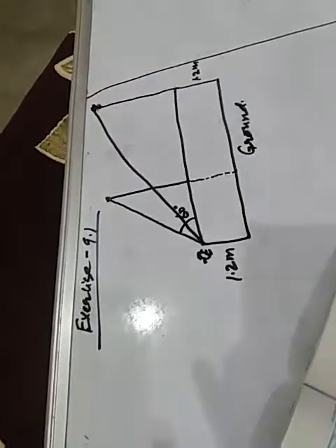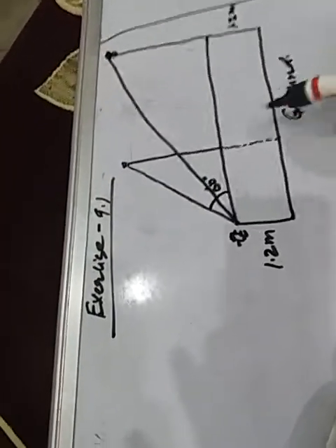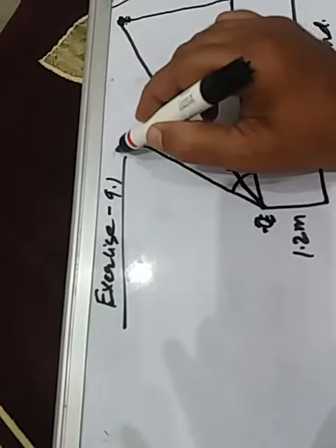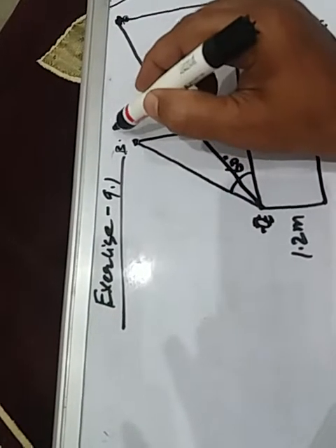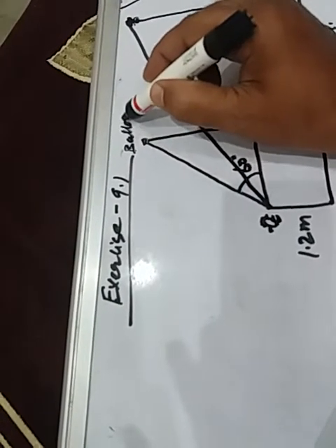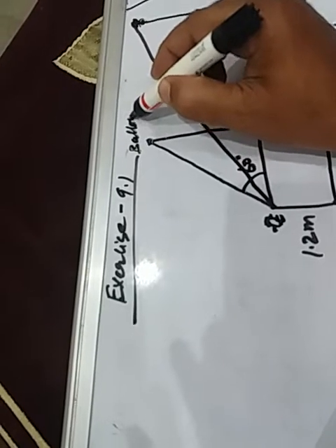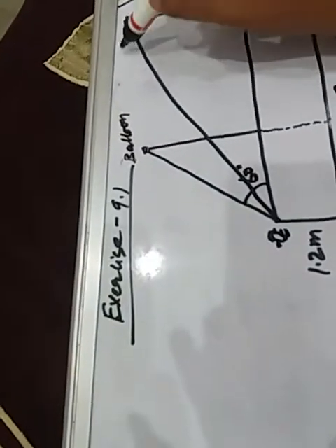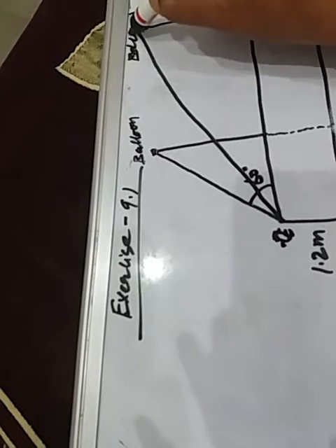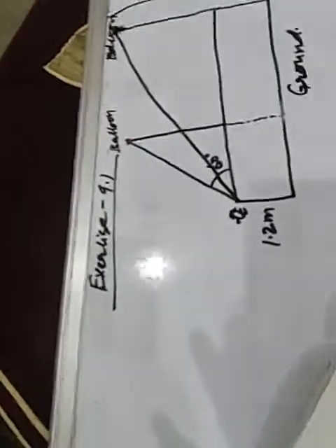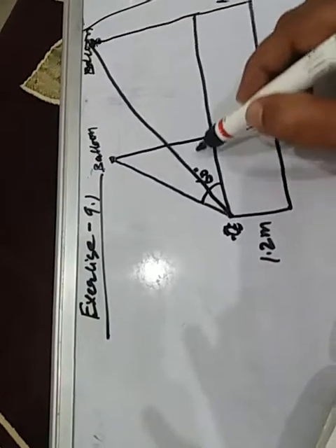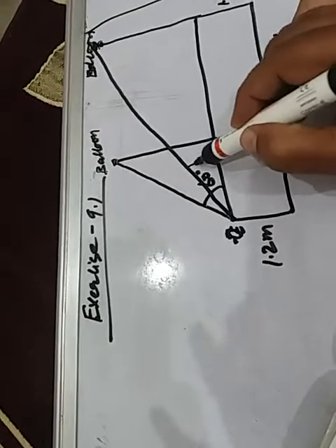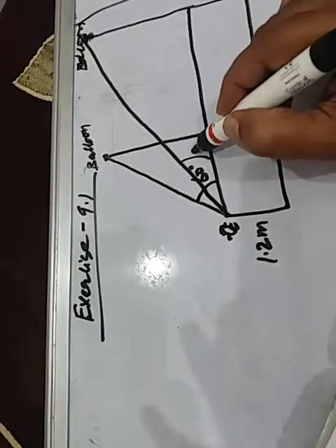Clear, children? Now let us see. This is also the balloon. You can write over here, balloon. This is also the balloon. Clear, children? Now this angle of elevation is given to be 30 degree.